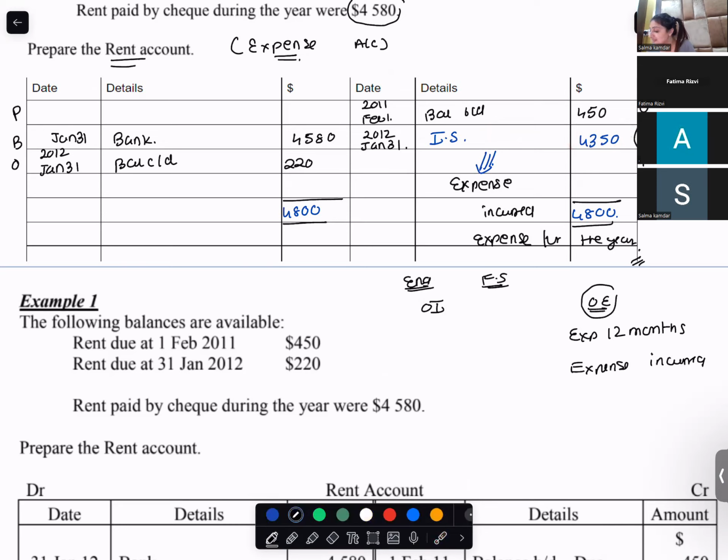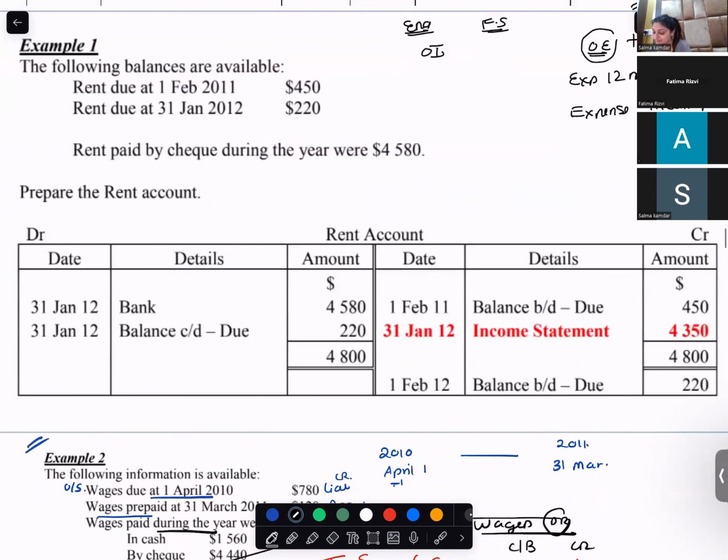That is why if there is any outstanding, we add, and if there is any prepaid, we subtract, because we want to know the expense for the year. Income is earned, and we take it for the year.